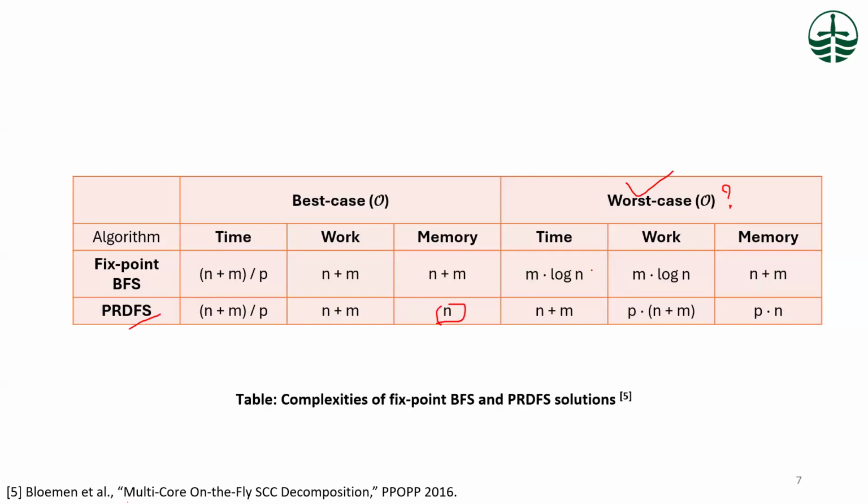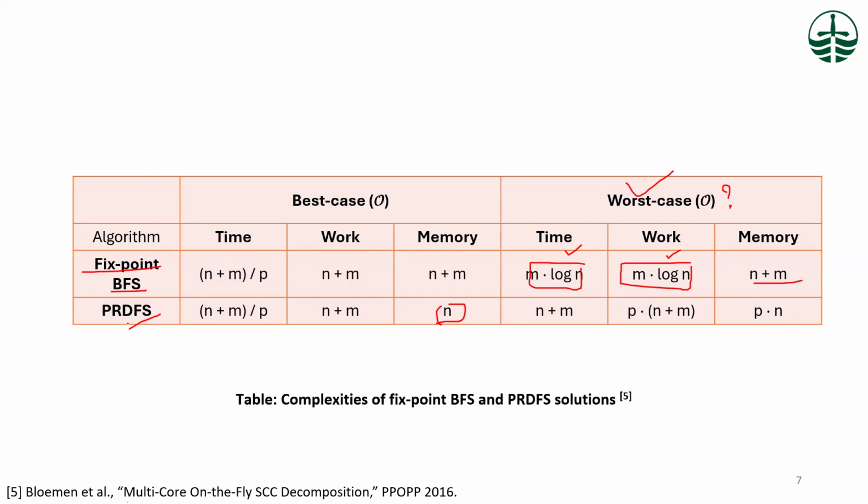So traditional methods, like the fixed point BFS, might show a slowdown, and it will come to m log n, because they will have to revisit the edges. So that's why the time and work complexity here comes down to m log n. And the memory is the same.